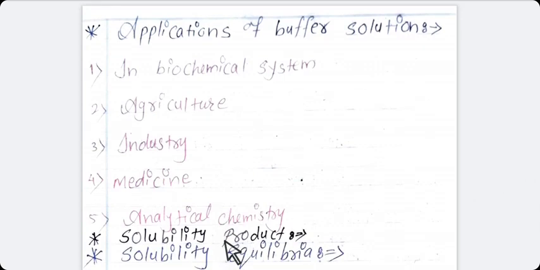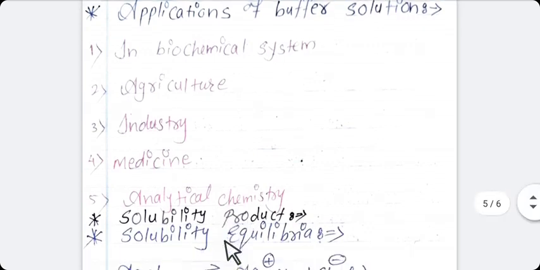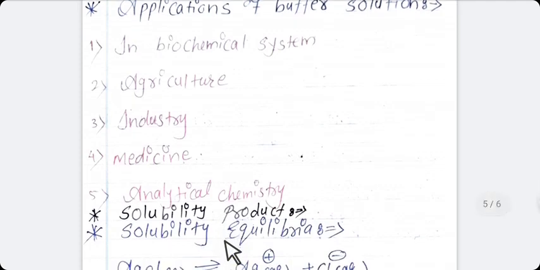Now the next topic is solubility product. For understanding the solubility product, we have to study the solubility equilibrium. For solubility equilibrium, we confine our attention to sparingly soluble compounds. What do you mean by sparingly soluble compound?